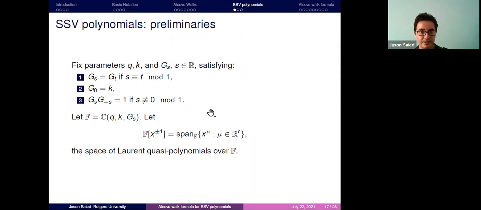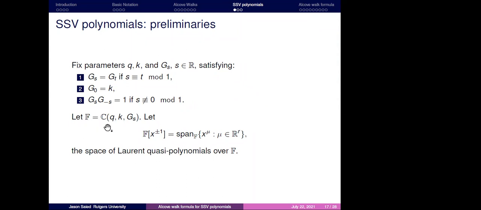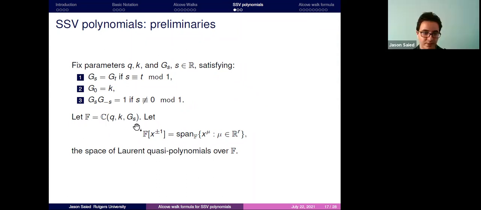So then we can take our field, which is just the complex numbers extended by these various parameters. In practice, for any particular quasi-polynomial we're interested in, we'll only need finitely many of these G's to show up, and Siddharth was talking about this, but we might as well just throw them all into the field for what we are doing now.